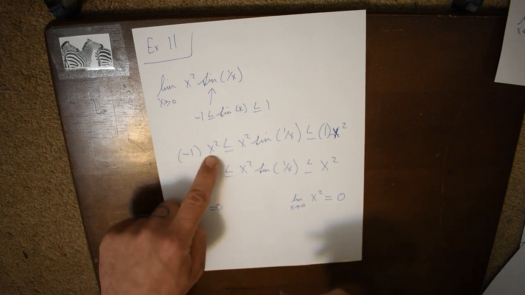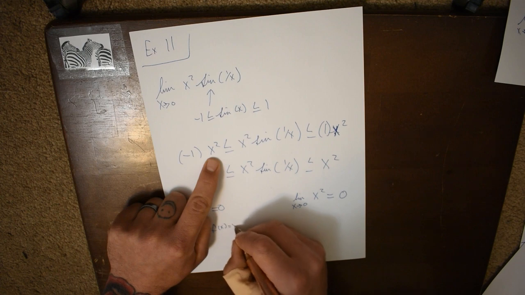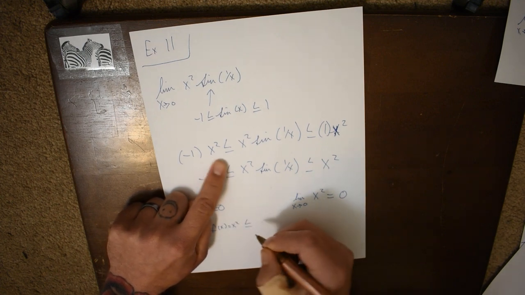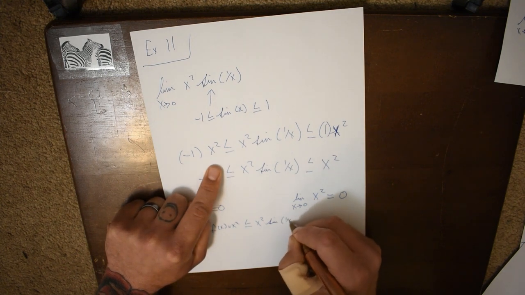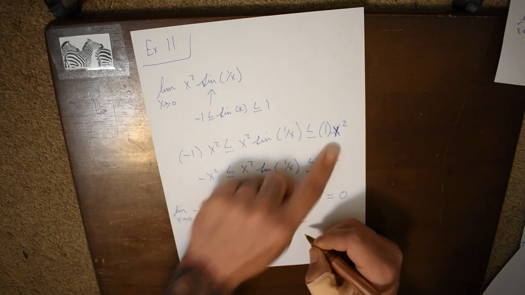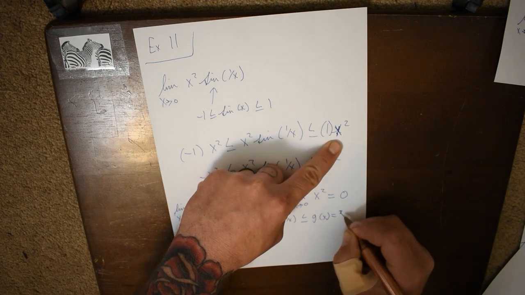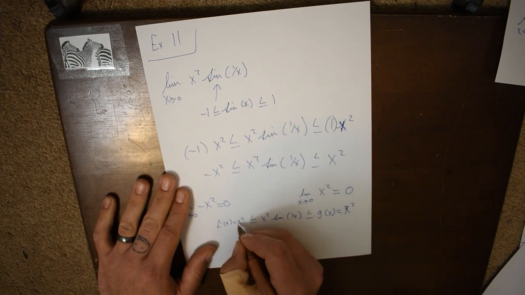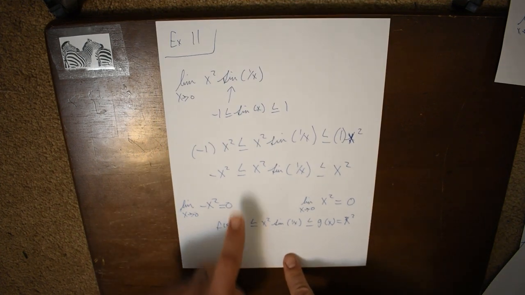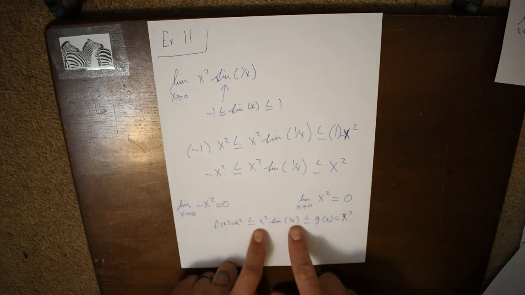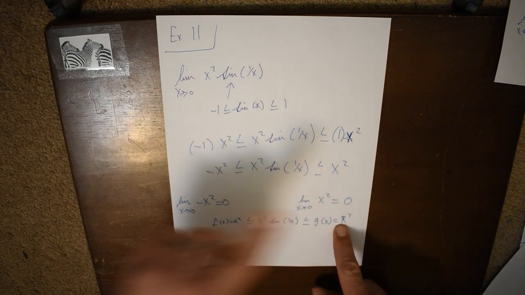So we have some f of x, which is equal to negative x squared, which is less than or equal to x squared times the sine of 1 over x, which is less than or equal to some g of x, which is equal to a positive x squared.